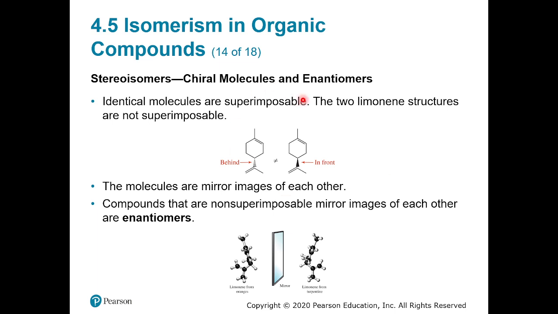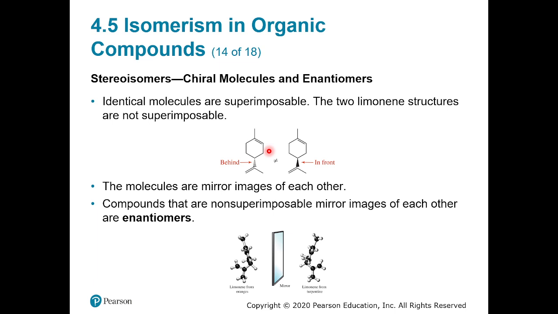Those are what are called chiral molecules. Specifically, those are going to be enantiomers. So what they're going to be is identical molecules that are not superimposable, excuse me. So we can take this, and if we took a mirror image of the first one, that would be this one over here, wouldn't it?